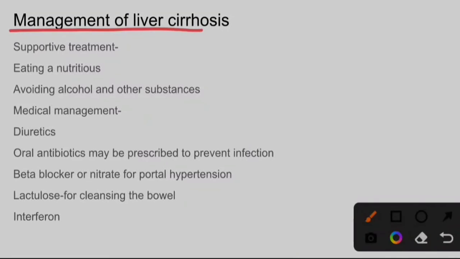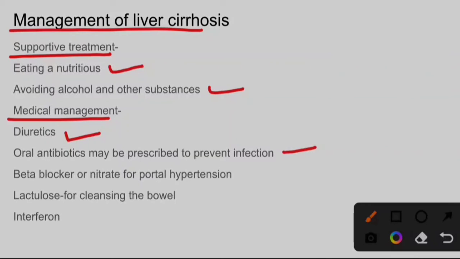Management of liver cirrhosis. First is supportive treatment: eating a nutritious diet, avoiding alcohol and other substances. In medical treatment, diuretics and oral antibiotics may be prescribed to prevent infection, beta blockers or nitrates for portal hypertension, lactulose for cleansing the bowel, and interferon.